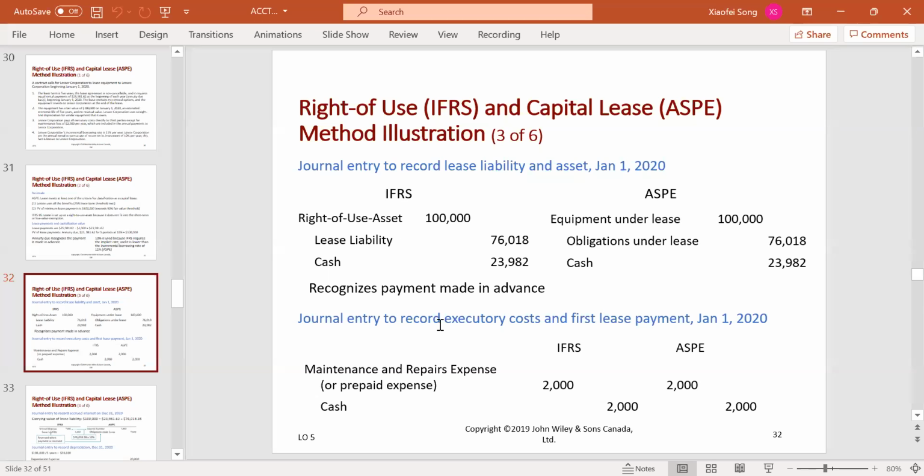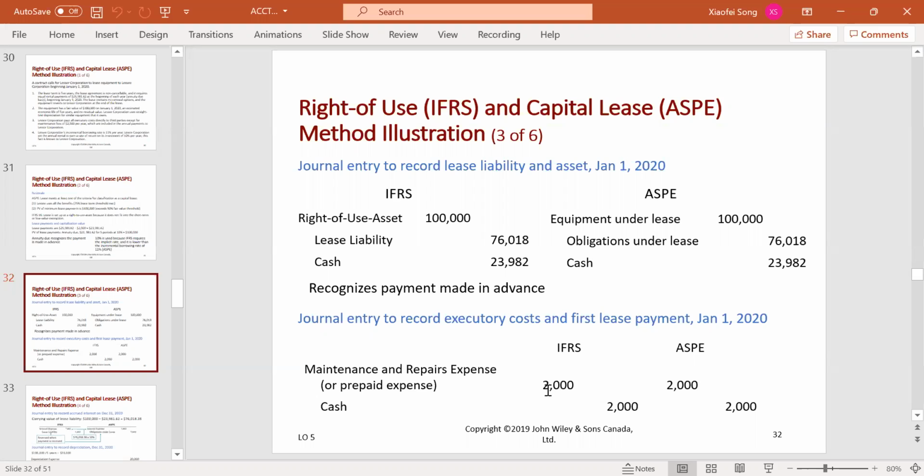Journal entry to record the executory cost and the first lease payment on January 1. The first lease payment is included in here, and the executory cost, the part that is not paid independently to a third party but between lessee and lessor, is paid to the lessor, but the lessee records a debit to operating expense.